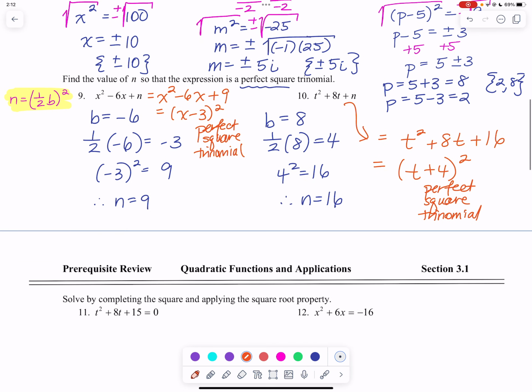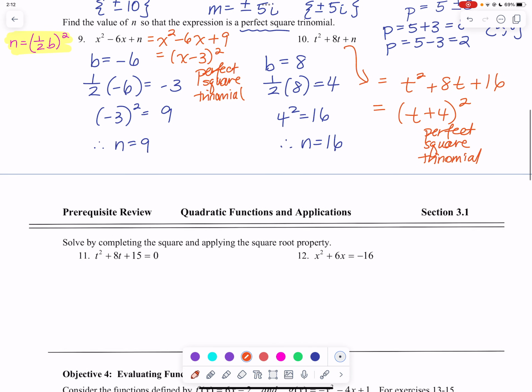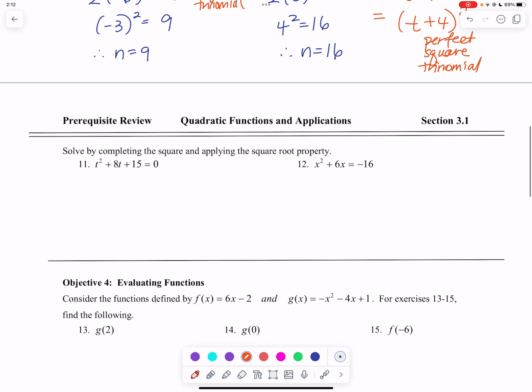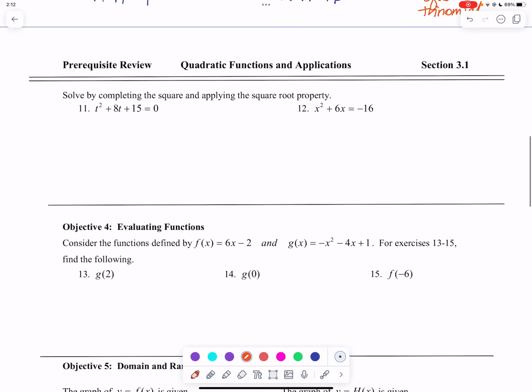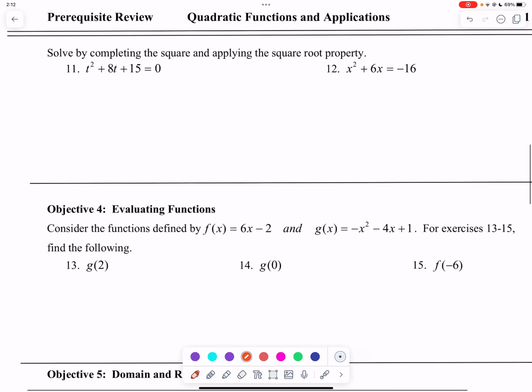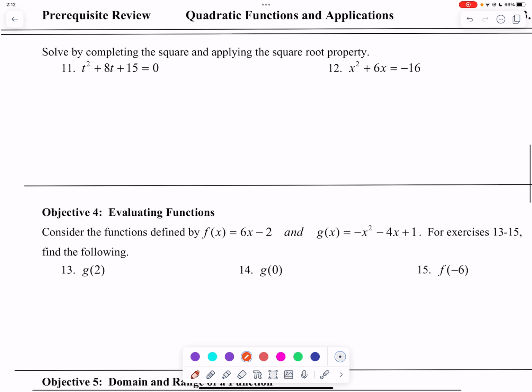Okay, let's go on to completing the square. This will give us a little bit of practice. So we will solve by completing the square and then apply the square root property. What we are going to do is just keep this part, and subtract 15 from both sides.